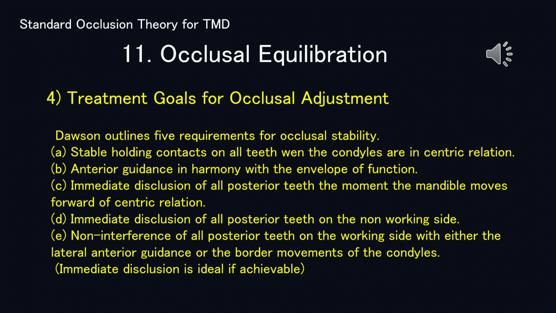C. Immediate disclusion of all posterior teeth the moment the mandible moves forward of centric relation. D. Immediate disclusion of all posterior teeth on the non-working side. E. Non-interference of all posterior teeth on the working side with either the lateral anterior guidance or the border movements of the condyles. Immediate disclusion is ideal if achievable.